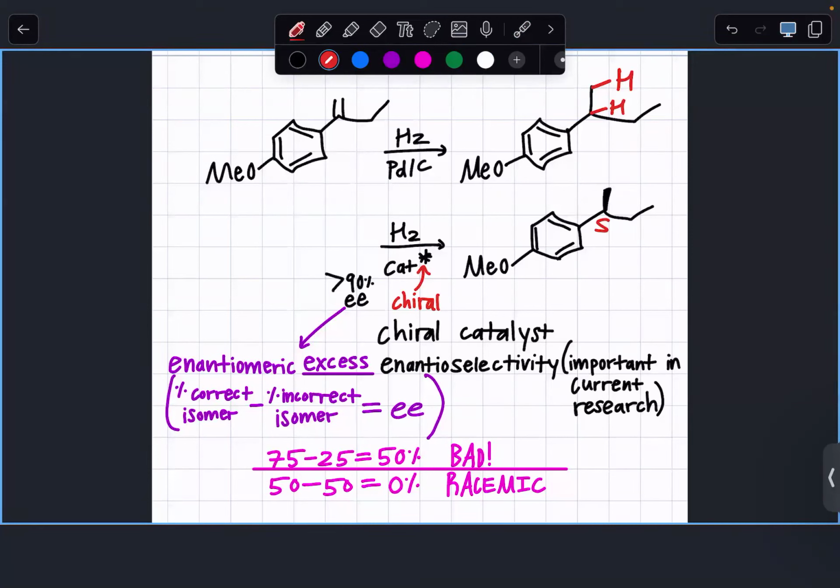And the reason why he drew this bond out as flat and planar is because this could be a wedge or a dash. We don't know, right? It could have been R or S. But if you use some kind of specific catalyst, you could prefer the R or S product, right? This depends on the catalyst that you use.